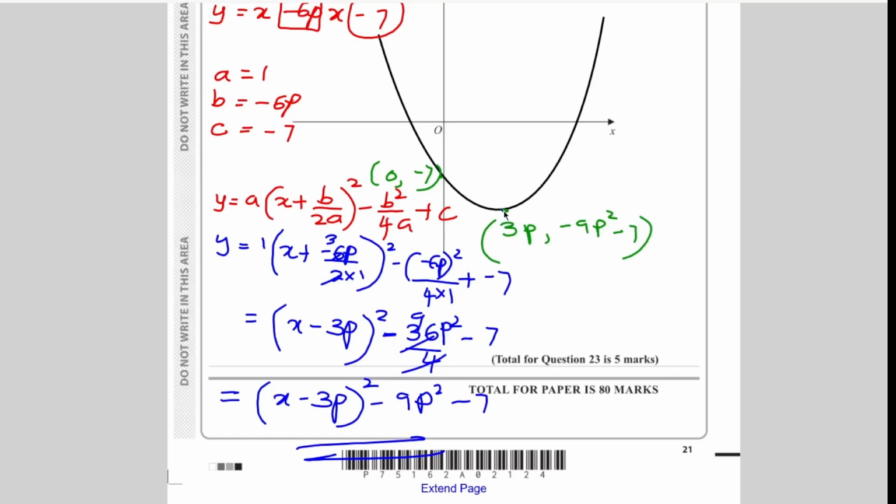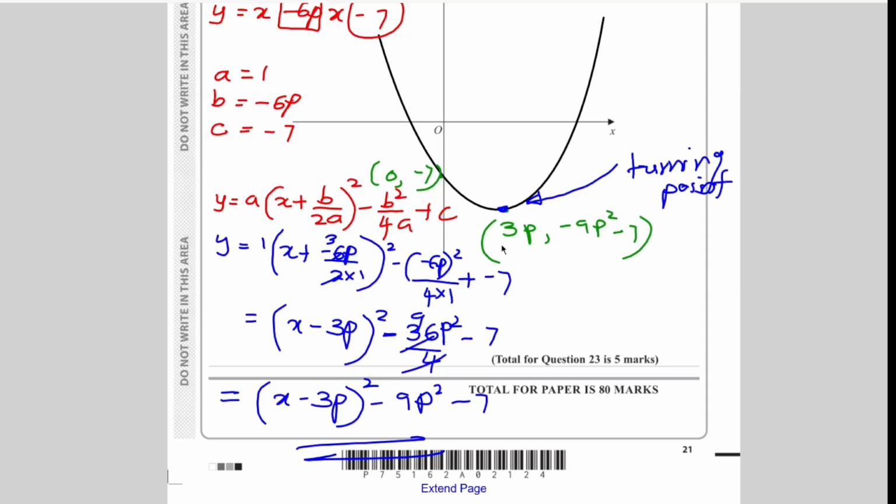To get this coordinate, we call it the turning point, because it is turning around. If you want to label the turning point coordinate, always reverse the bracket term. So here x equals 3p. If you are getting plus, make it minus. If you are getting minus, make it plus.